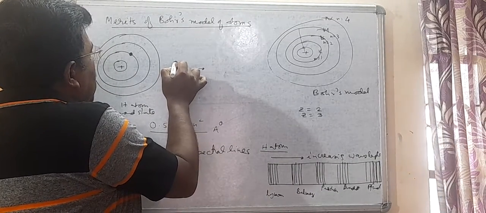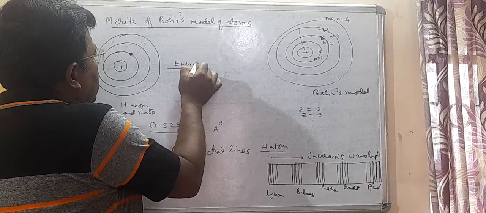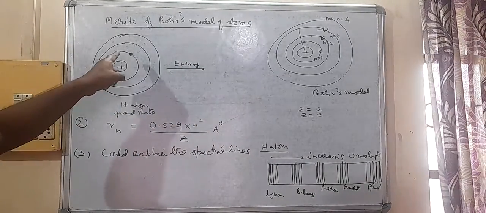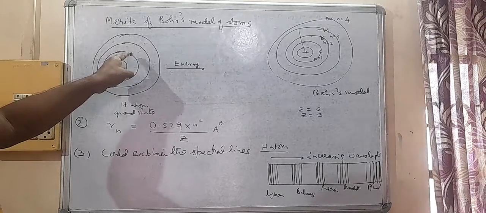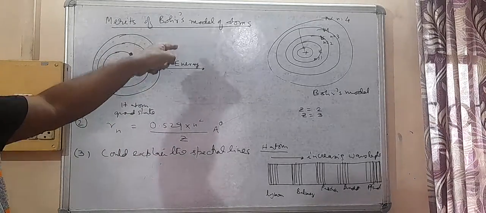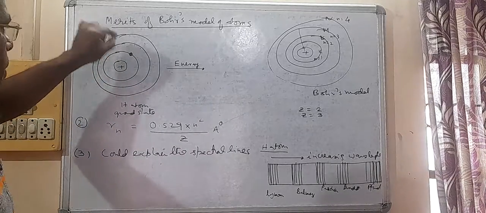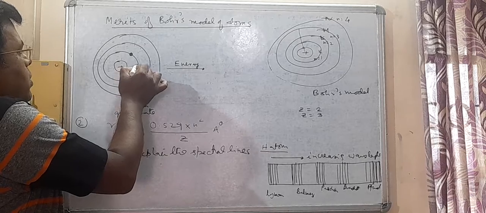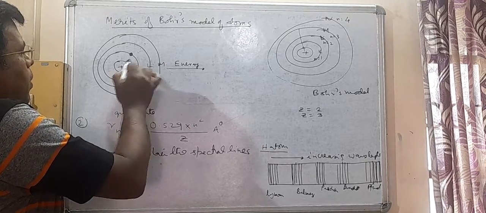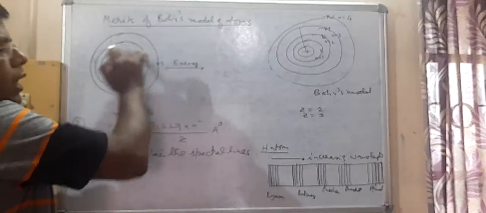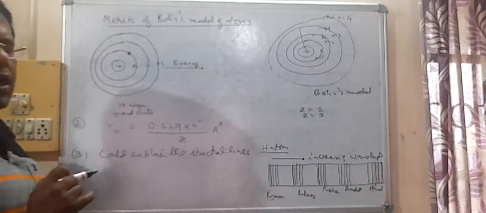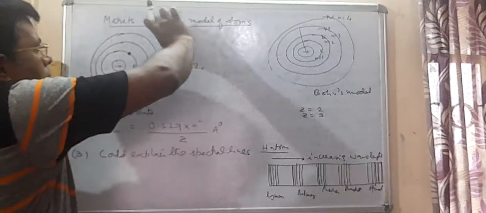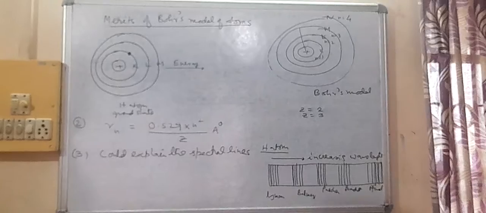Now, if we supply energy to hydrogen atom from outside, this electron will jump to higher energy level. Suppose it is K, it is L, it is M, electron can go to L. Depending upon the energy, electron can even go to M. Electron can go to N, and so on.